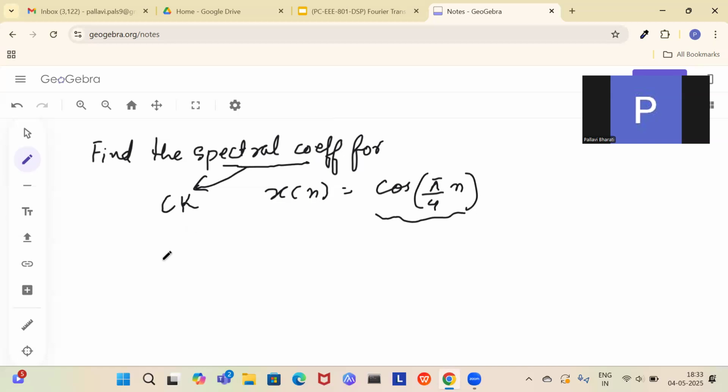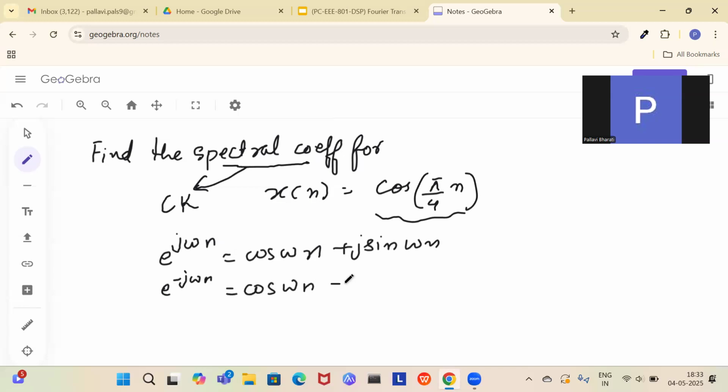Okay. So here you know Euler's formula, which says e to the power j omega n is cos omega n plus j sine omega n. And e to the power minus j omega n can be written as cos omega n minus j sine omega n.